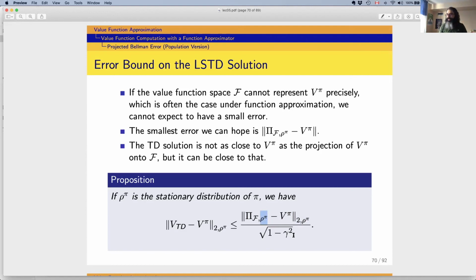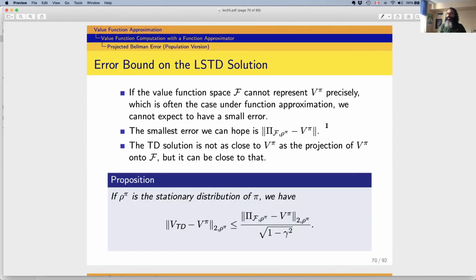This factor 1 over the square root of 1 minus gamma squared is larger than 1 if gamma is larger than 0. So the left-hand side is going to be larger than the minimum distance that we can find, and how large it is depends on gamma. Is this clear? This is the kind of error bound that we have for the quality of the TD solution.